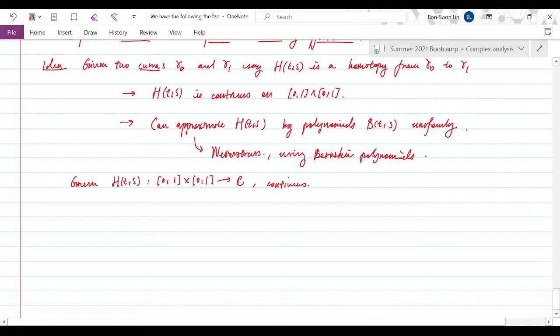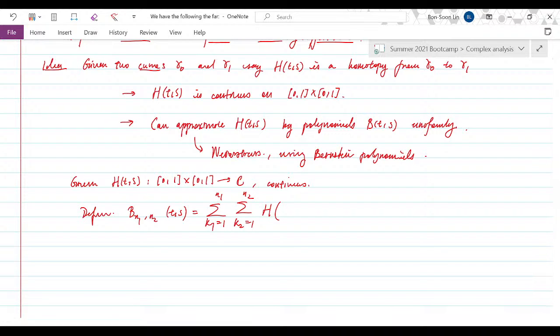Define B_{n1,n2}(t,s) to be the summation over k1 from 0 to n1, k2 from 0 to n2 of H(k1/n1, k2/n2). So the idea is we're going to sample this thing on a uniform grid. Should k1 start from 0?